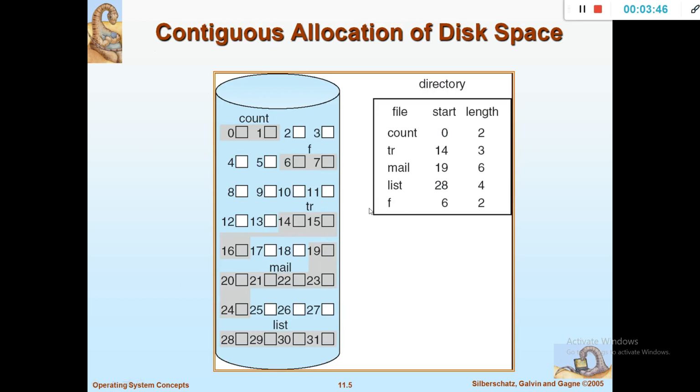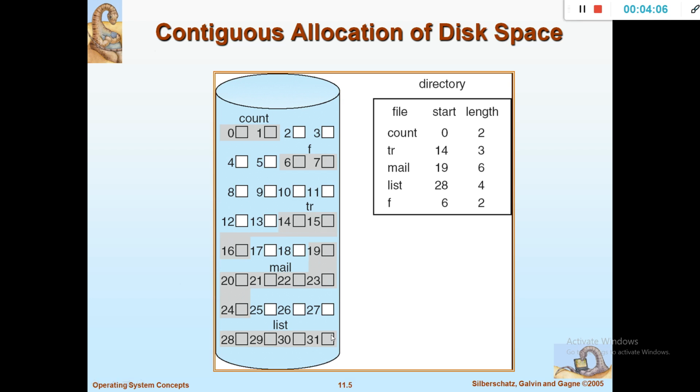Another file, f, also requires 2 blocks, stored contiguously at 6 and 7. Next consider list, with starting address 28. It requires 4 blocks: 28, 29, 30, 31.